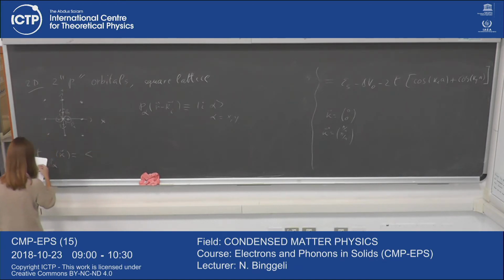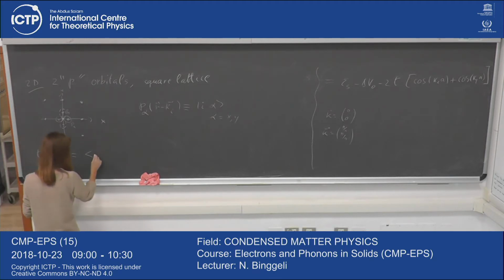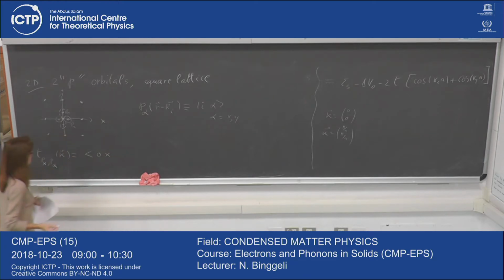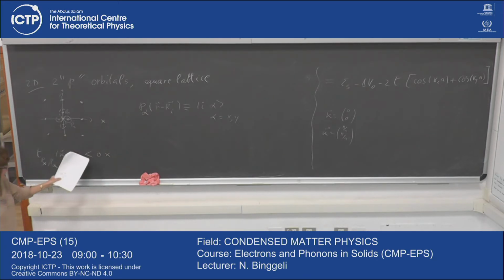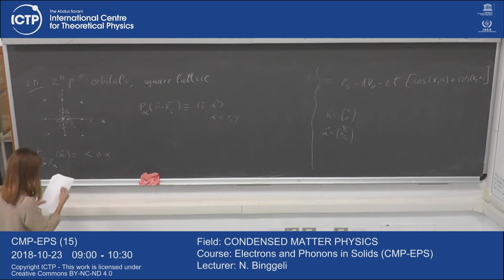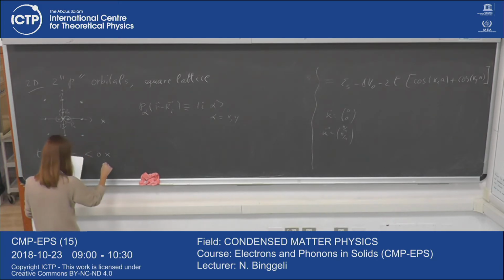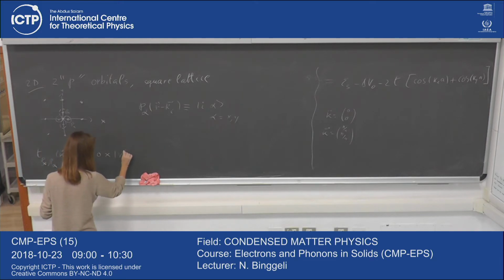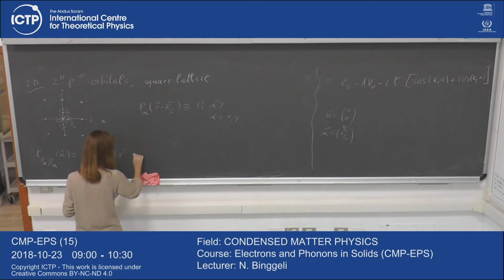So this is going to give me the matrix element for the atomic state at the site 0 and the px orbital, V prime, 0 alpha.